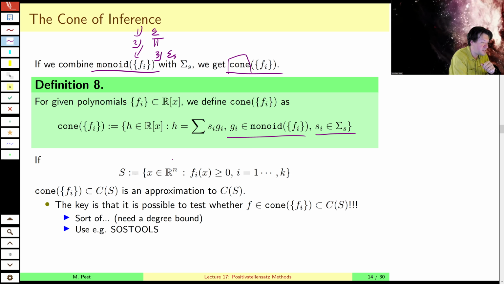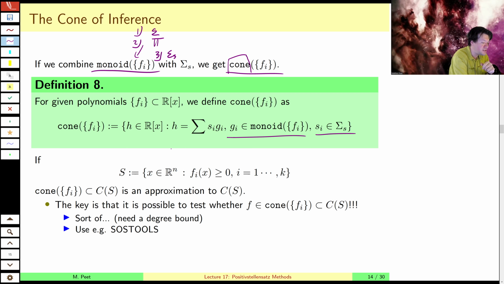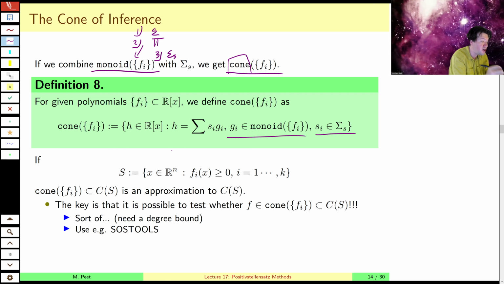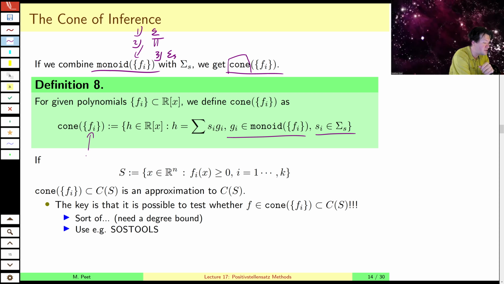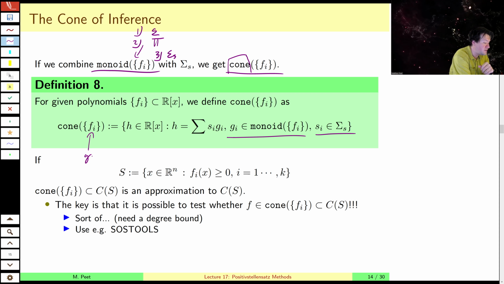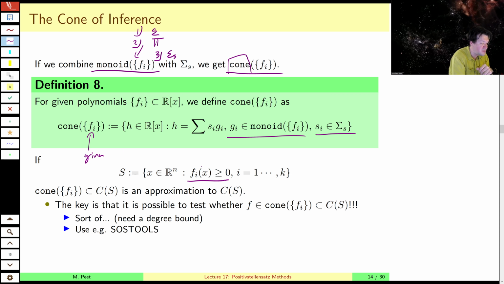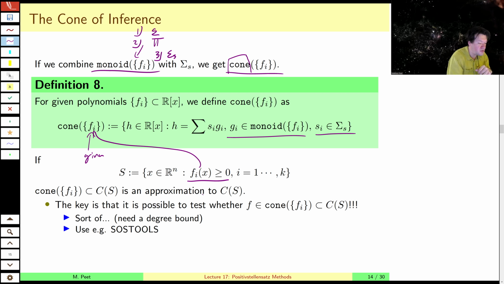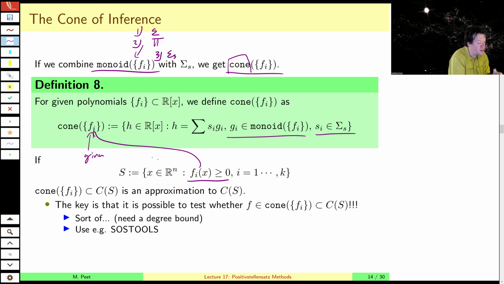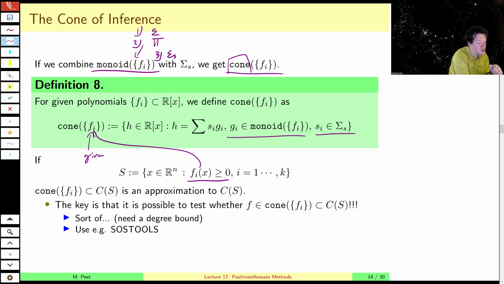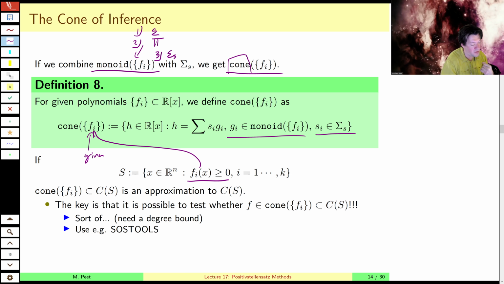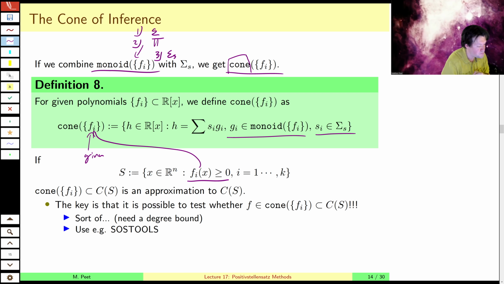So it says that a function is in the cone of a given set of polynomials. So these fi are given, and usually they're given by the representation of the set itself. So you have the representation of your set, and then you use that to construct the cone of those polynomials.